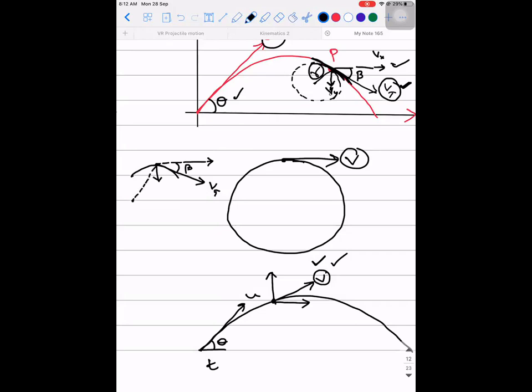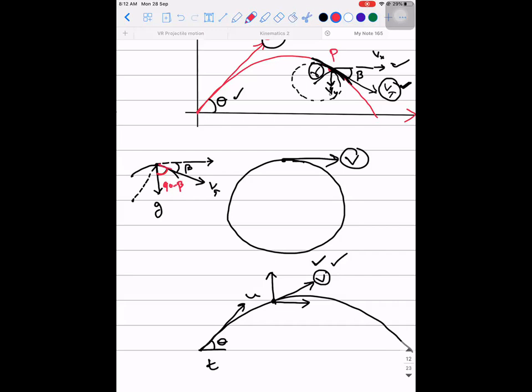If I take this as g, then how much is this angle which I marked in red color? 90 minus beta, that's right.